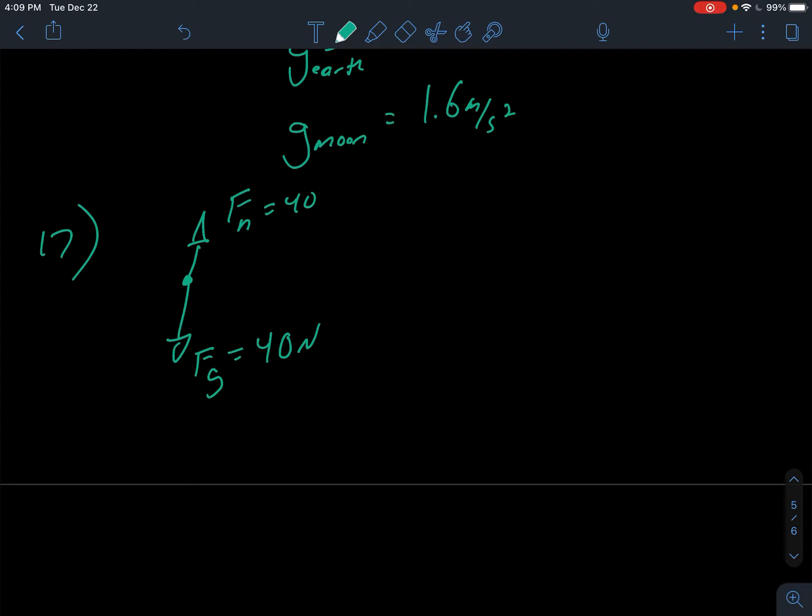So depending upon how you look at it, we're looking at not Earth, but the bag and Mary. So bag pulls on Mary, Mary pulls on bag. Forces are the same. Now, she can accelerate it up. When she accelerates it up, the forces are the same. It's the same 40 newtons. She pulls 40 newtons up, the bag pulls 40 newtons down.